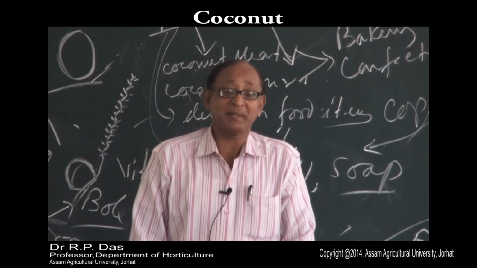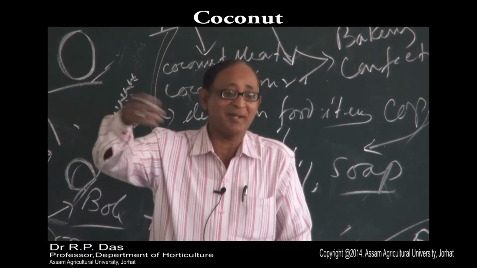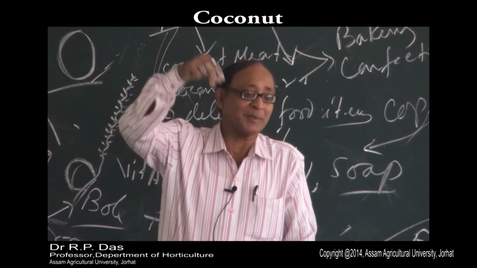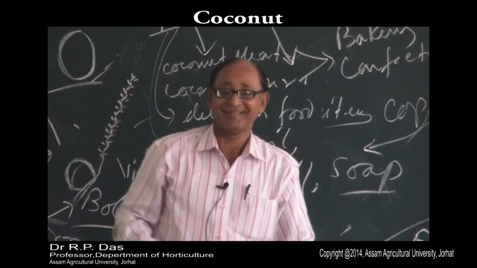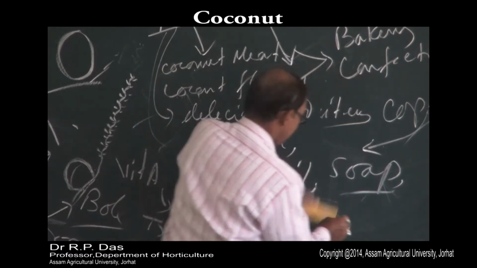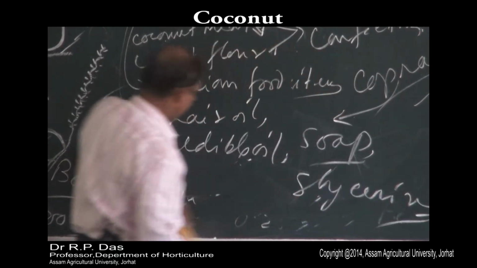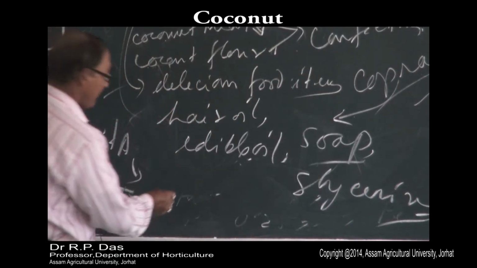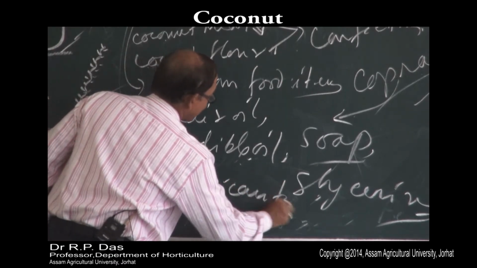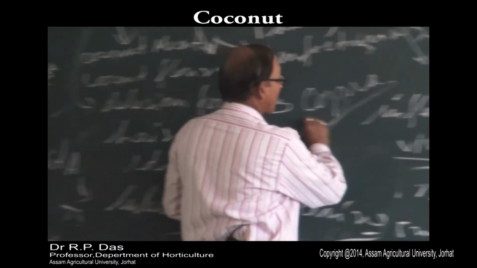You have seen advertisements on TV for Lux soap, Jivan, Rexona, Lux, whatever soaps are available; there is one or two drops of coconut oil. So soaps, then glycerin, and some lubricants. Lubricants are prepared from the oil, and that oil is from the copra.